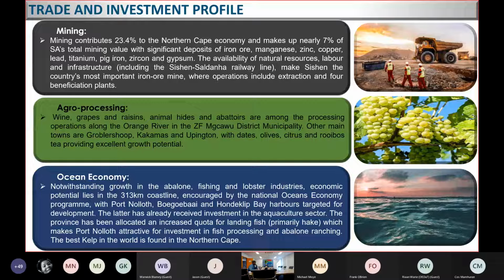The pecan nut industry is massive by us, and then furthermore also citrus, rooibos tea, and very importantly the raisin economy is also ever expanding by us. From the ocean side, as I've alluded to, that coastline bringing us forward, an extensive increase in terms of fishing quotas, but abalone, rock lobster, and also a lot of kelp processing that we see taking place.